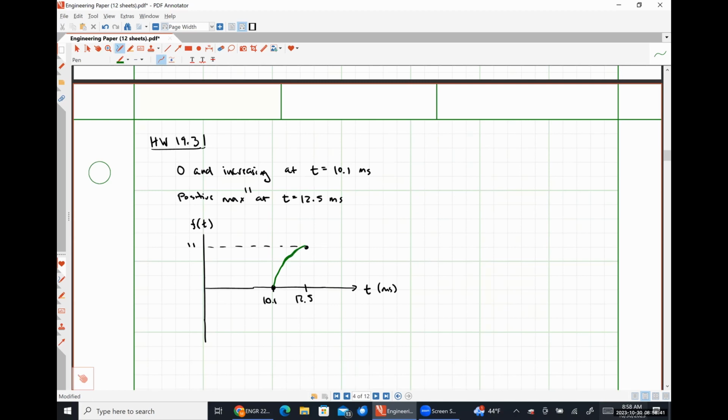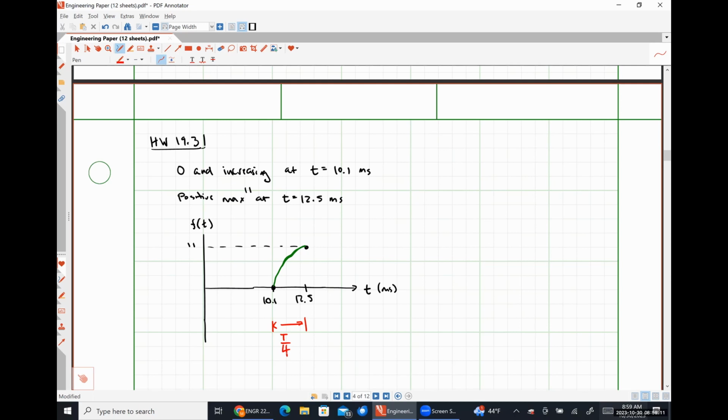What was mathematically described to you was exactly 1/4 of a cycle of a sinusoidal wave. So this time to this time is T over 4. You can use that piece of information to calculate your angular frequency omega.